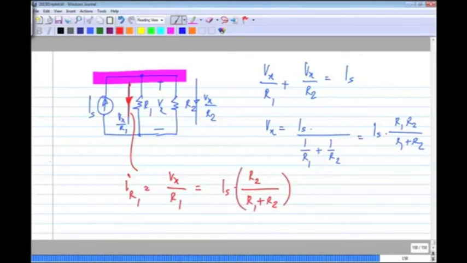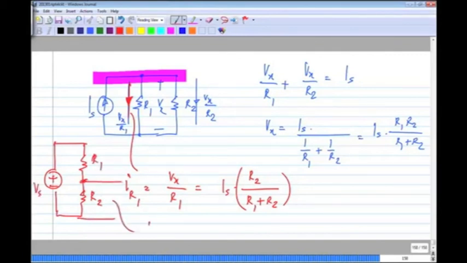And this is analogous to the voltage divider formula. If I have Vs, the voltage across this is Vs R2 by R1 plus R2. Okay.